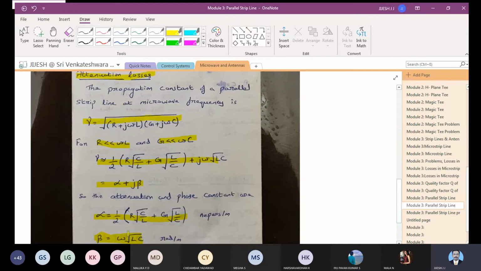When the conditions are satisfied, that is R is less than omega L and G is less than omega C, you can get the equations for alpha and beta, and gamma is a combination of alpha and j beta. Alpha is 1 by 2 R root of C by L plus G root of L by C, and beta is omega root of LC, in radians per meter.